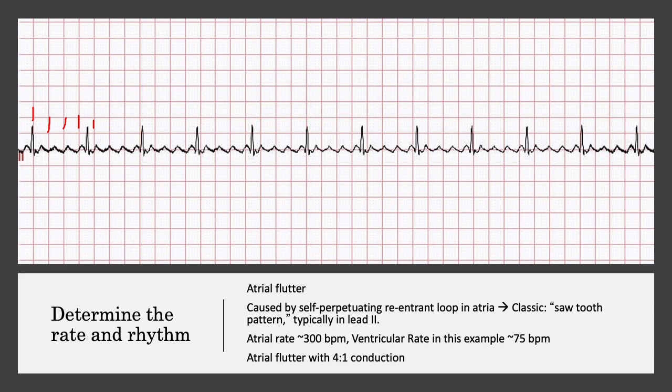And so if we know that the atrial rate is 300 beats per minute and the ventricular rate is 75 beats per minute, then for every 4 loops that atrial wave takes, you get 1 conduction through the AV node. So this is 4-to-1 conduction.